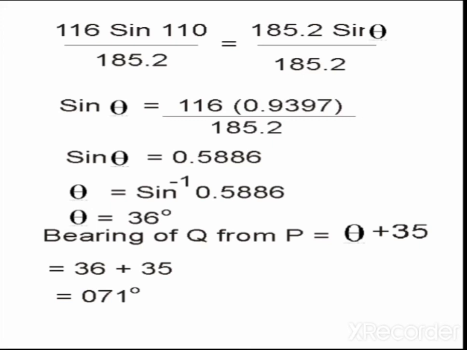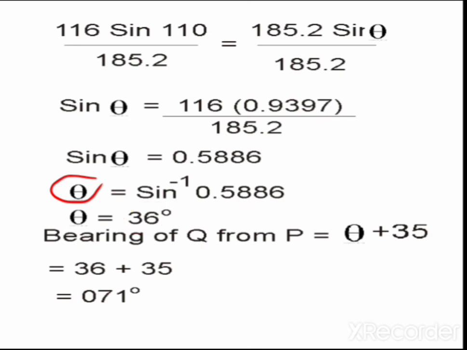So we take the sine inverse of 0.5886, which is 36 degrees. And by now you already know how to get your sine inverse with your calculator. You press your shift sign, then sin. So theta is 36 degrees.